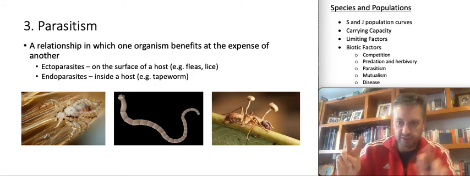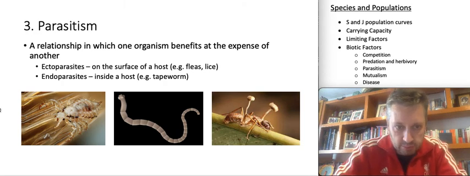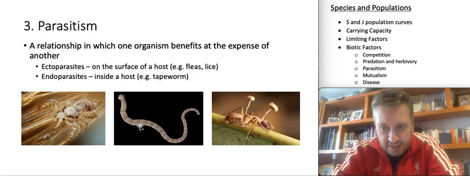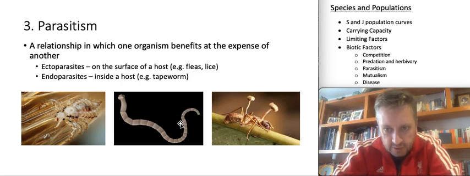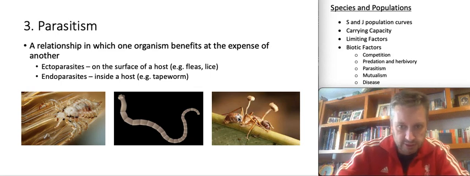It's a very one-sided relationship, you could put it that way. Here's some examples. This is a louse, human head louse, I think, an ectoparasite. This is a tapeworm, human tapeworm again, endoparasite. And I'll tell you a bit more about this parasite in the class because I think it's so interesting.